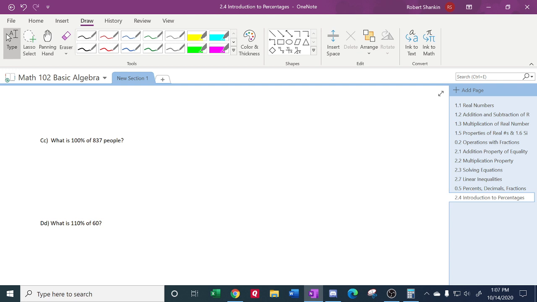Okay, on C, 100% of anything is that thing. So all the people. 100% of the people were wearing masks, so all of them are wearing masks.